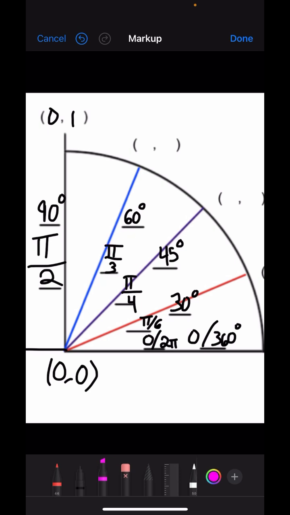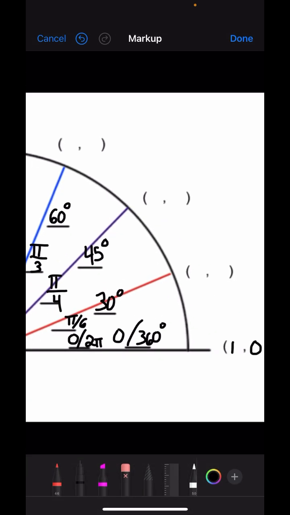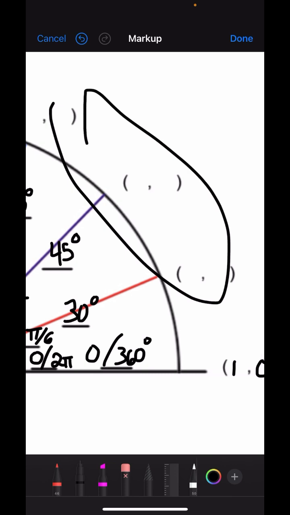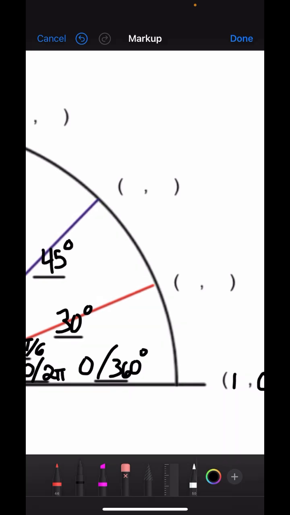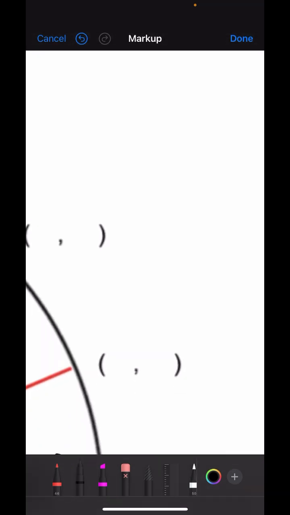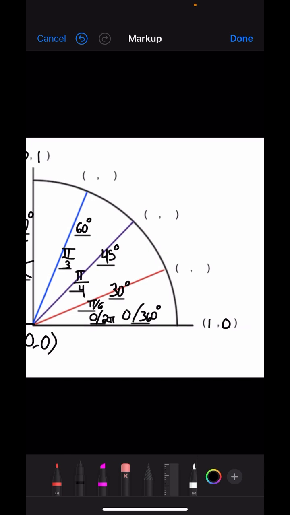All right, so for these things, it's a little bit more tricky to remember, and it's not really self-explanatory, but basically you have 3 values to remember, and since this is just the first quadrant, you don't have to worry about negatives at all, which is great.